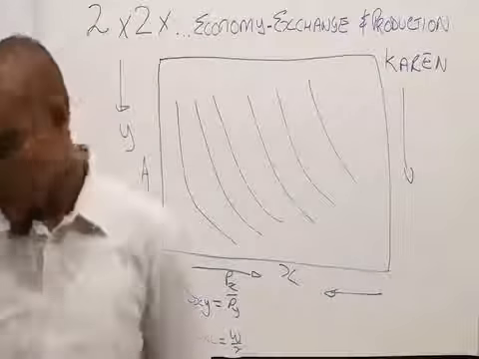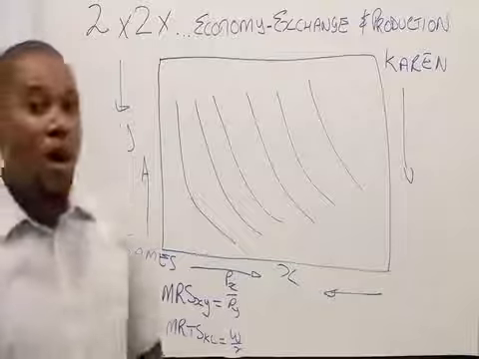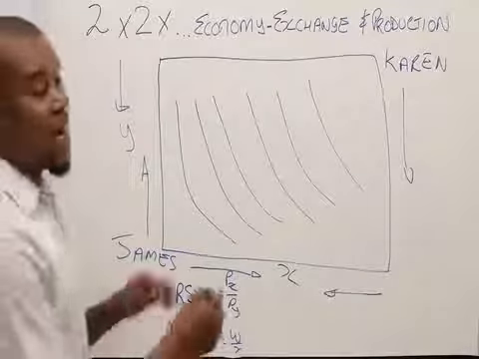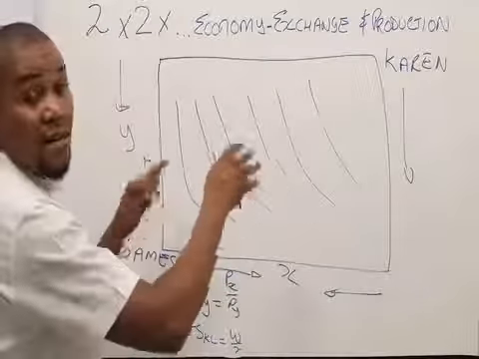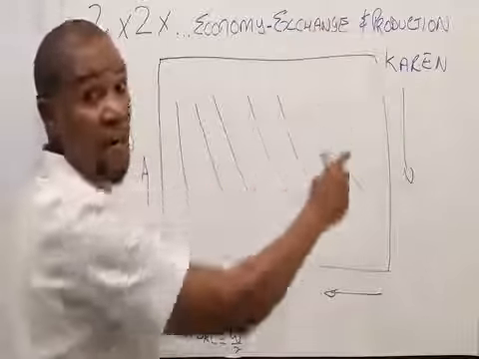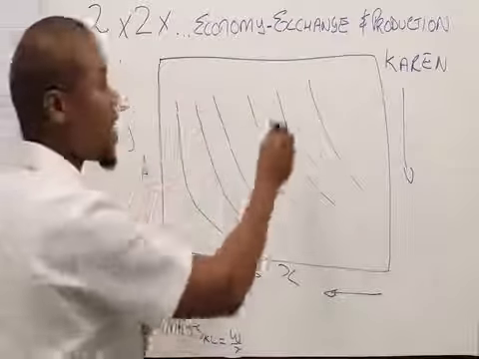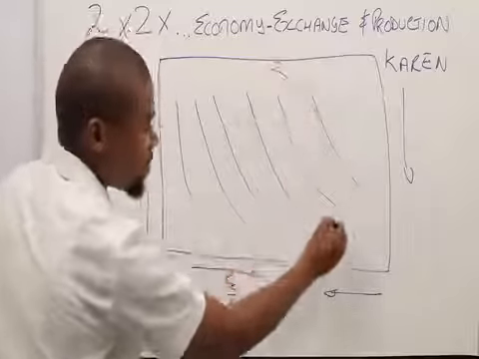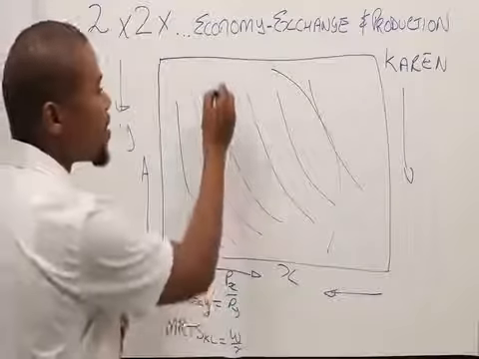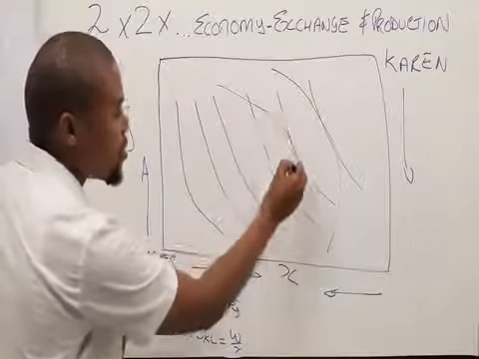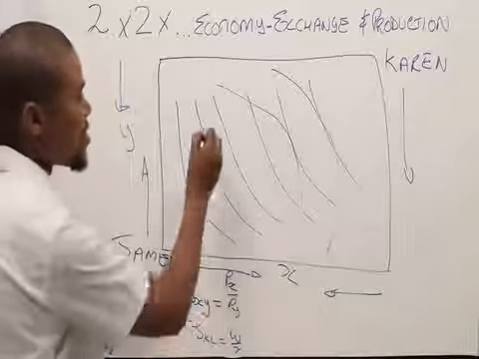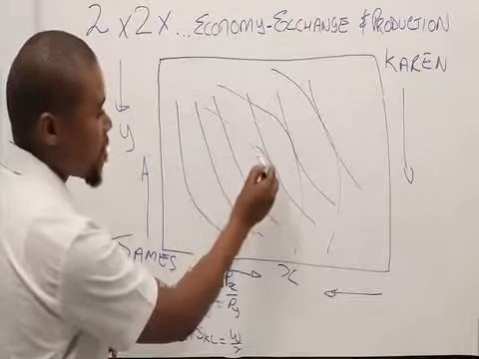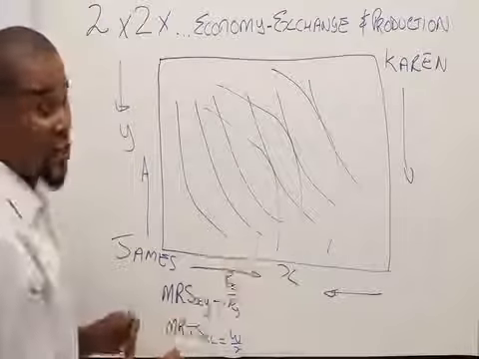Okay, let me use a different color for our consumer Karen. Because Karen's axis from the other way around would then have indifference curves sort of coming from this direction. Try and draw them smoothly so that they touch. Okay, well, they don't have to touch, but try and have points where they touch.